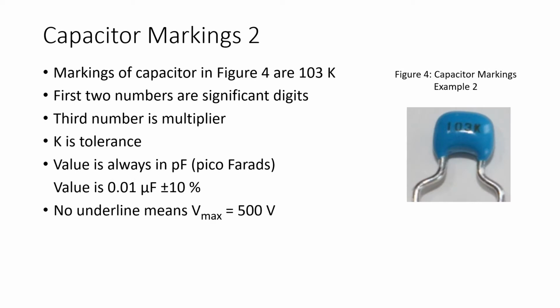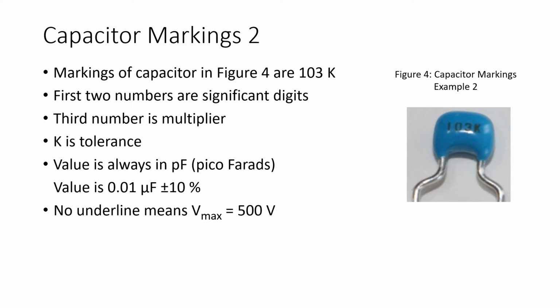Well, let's look at another example, and the capacitor in figure 4 has the labeling of 103K. Again, the first two numbers are significant digits, the third number is the multiplier, and the letter K denotes the tolerance. And the value of these capacitors is always in picofarads.